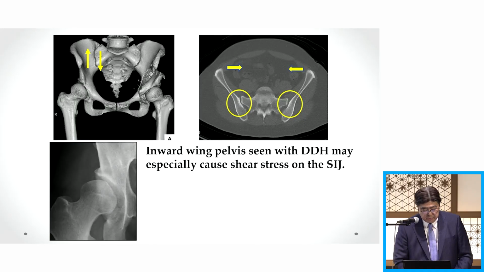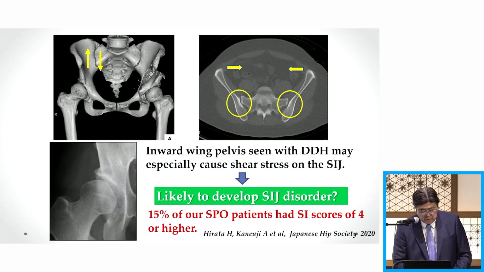Inward wing pelvis may especially cause shear stress on the SIJ. It is likely to develop SIJ disorder. Indeed, 50% of SPO, PAO patients had an SIJ score of 4 points or higher.